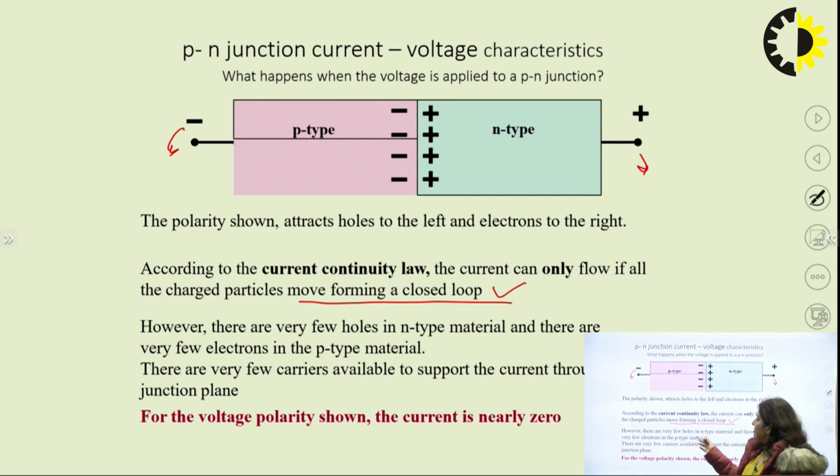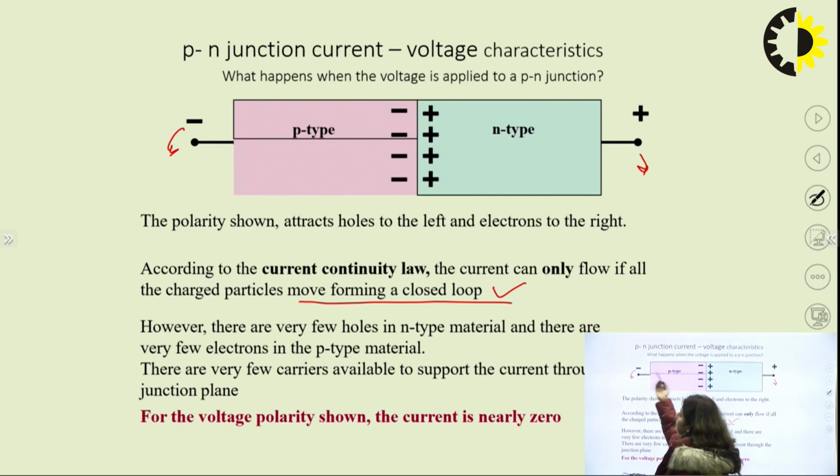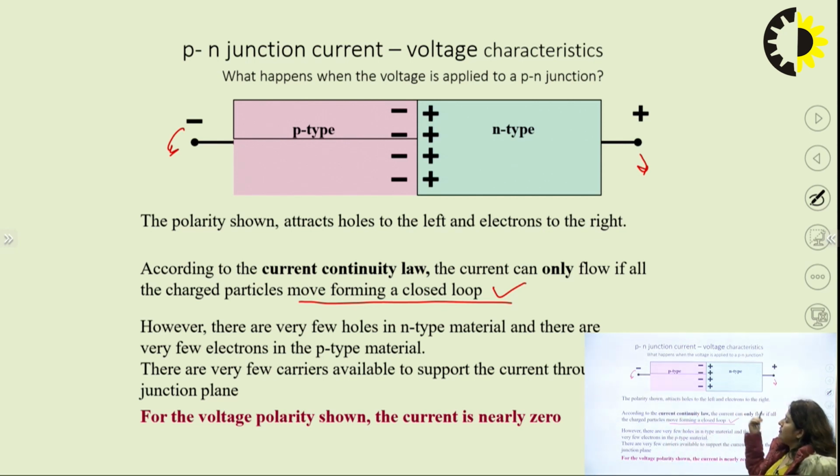However, there are very few holes in n type material and very few electrons in p type material, because n type material has a majority of electrons, which get attracted towards the positive terminal. Similarly, p type material has a majority of holes, which get attracted towards the negative terminal. So we have fewer electrons in the n type and fewer holes in the p side.